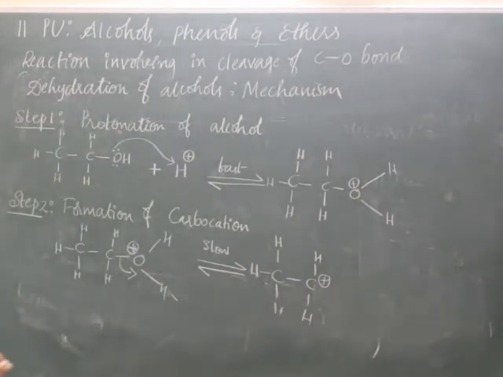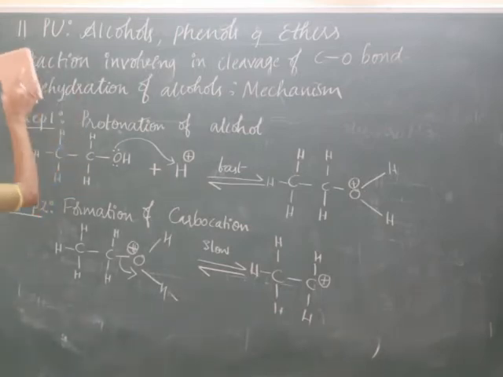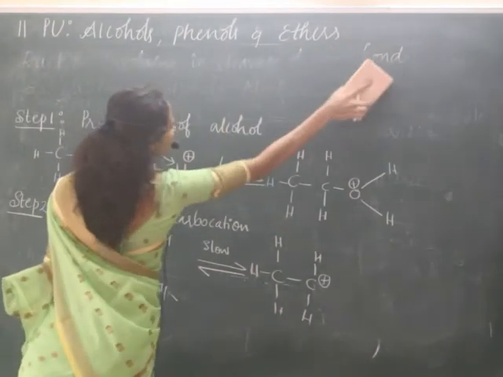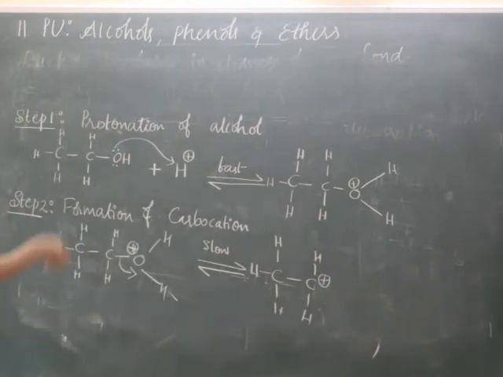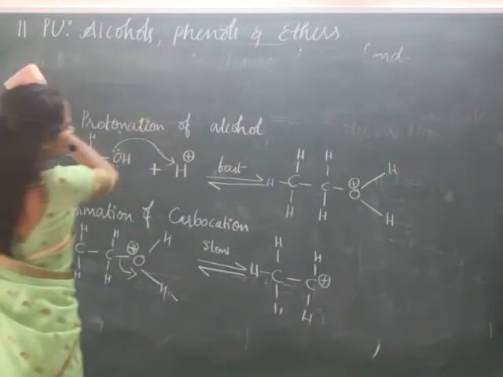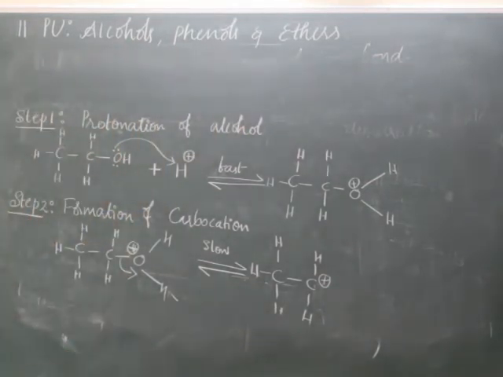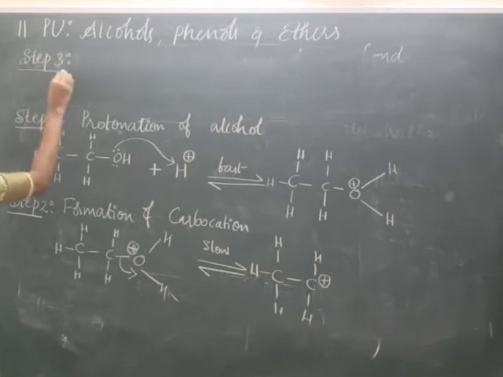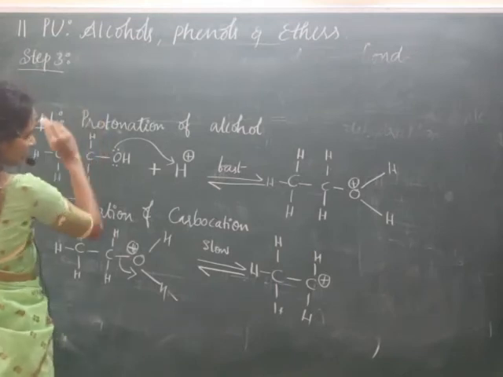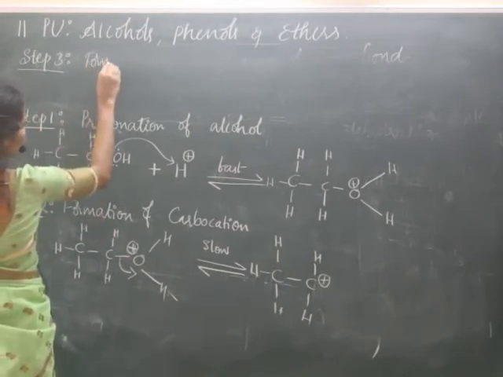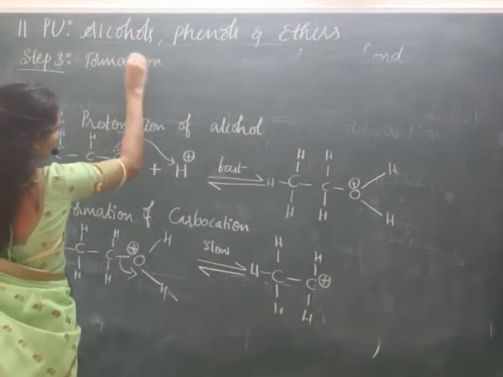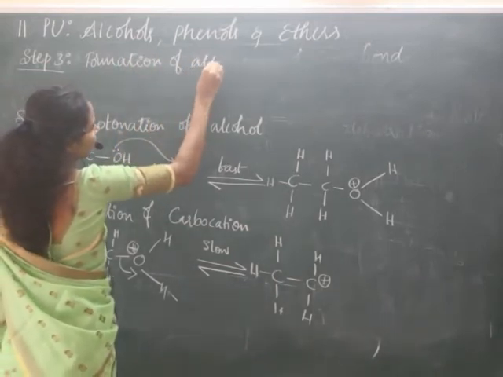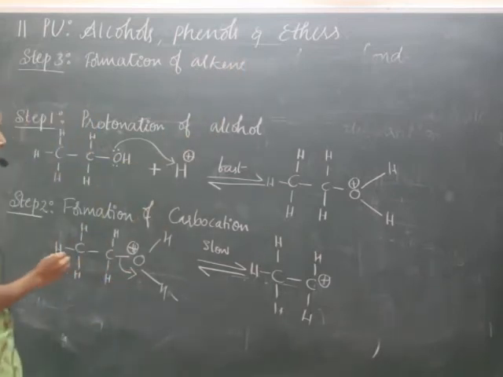In step 3, a very important reaction as well as mechanism, elimination of hydrogen takes place. That is formation of alkene by the removal of a hydrogen, right?